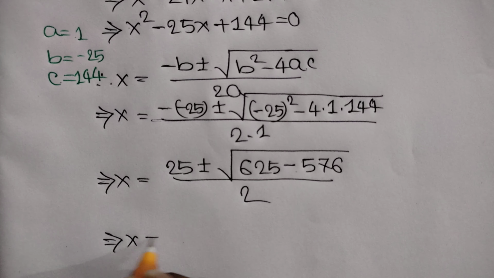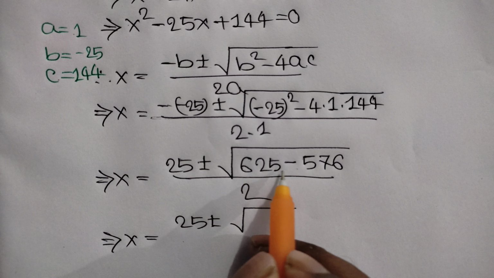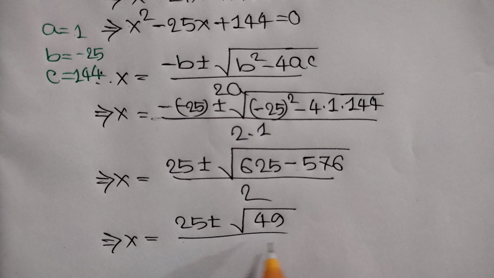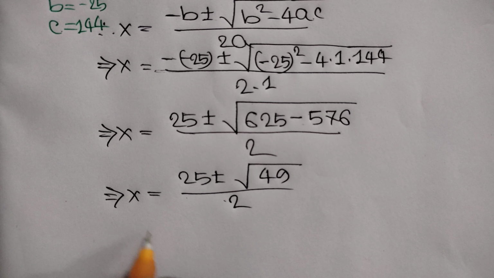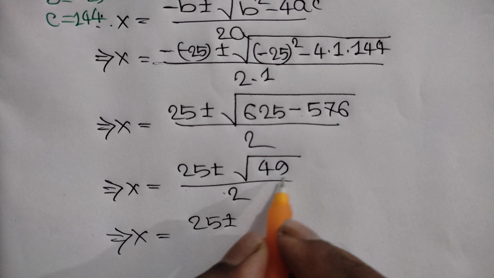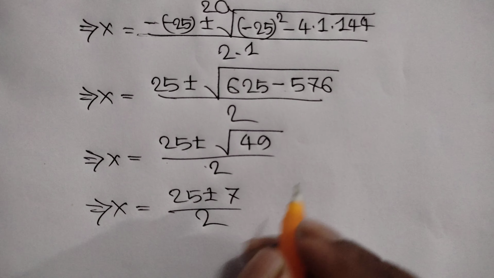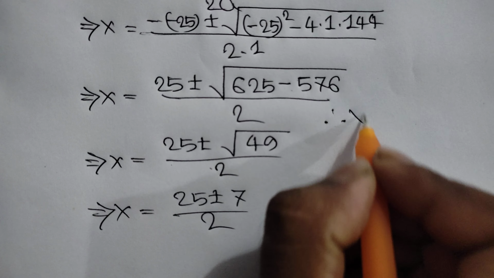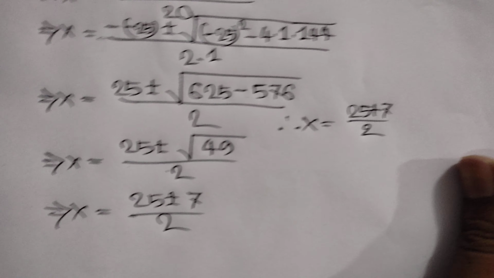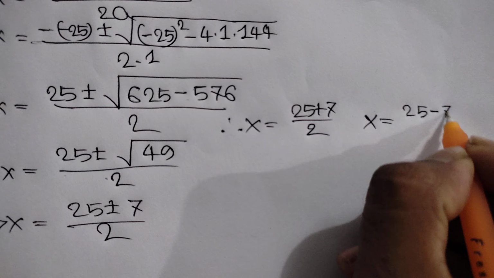Or x is equal to 25 plus or minus square root of 625 minus 576, which is 49, over 2. We know that square root of 49 is 7, so x is equal to 25 plus or minus 7 over 2. So there are two values of x: x is equal to 25 plus 7 over 2 and x is equal to 25 minus 7 over 2.